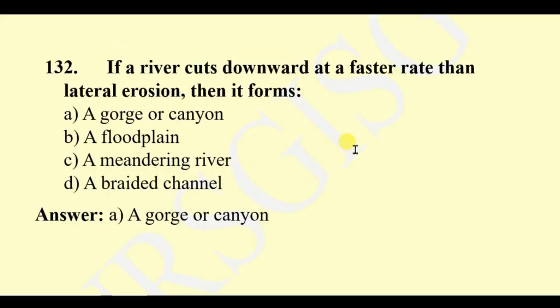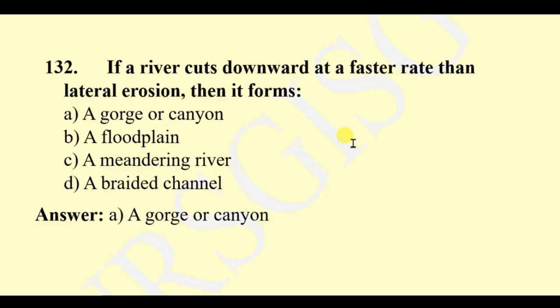Question 132. If a river cuts downward at a faster rate than lateral erosion, then it forms a gorge or canyon. Means more the downward erosion or incision than the lateral erosion, that can create a gorge or canyon.